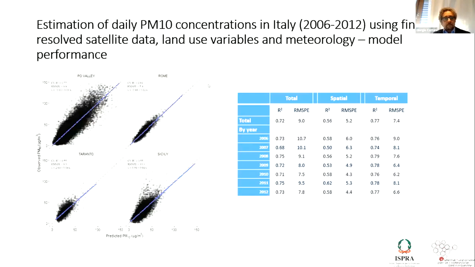The fitting of the model shows very good performance in terms of root mean square error of prediction. As you can see in this graph, we have the correlation between predicted and observed concentration, and the R square is quite good, ranging between 0.68 and 0.78.